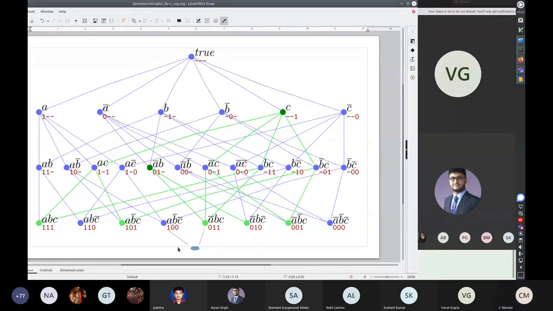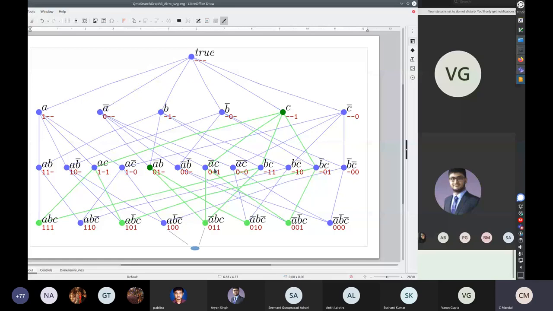So what is going on? Can you just see what is going on? You are starting at the atoms, then you construct the nodes at the higher level by performing join operations. So this join operation leads to a reduction also, because as you can see, the number of literals.